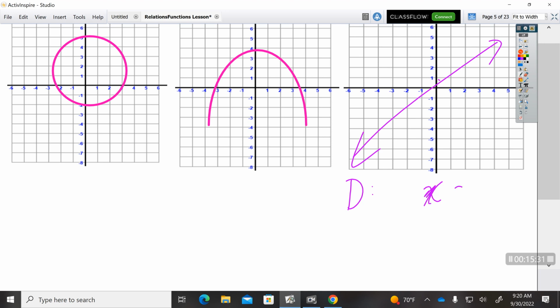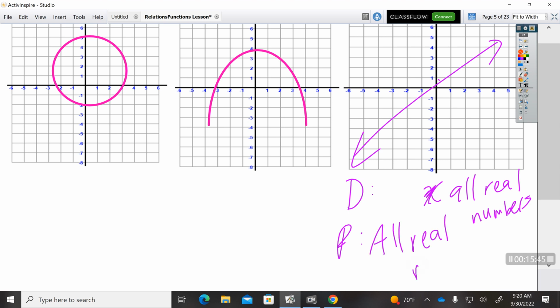So the domain is all real numbers. That's it. How about the range? Does it stop going up? Does it stop going down? So what's the range? All real numbers. Literally that simple. Any questions so far?